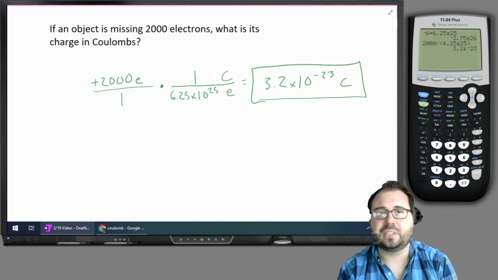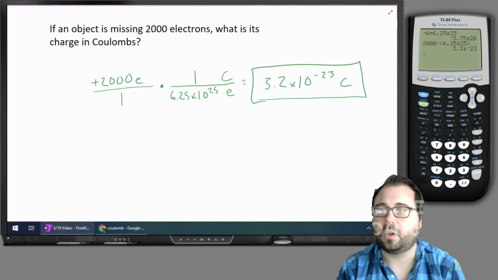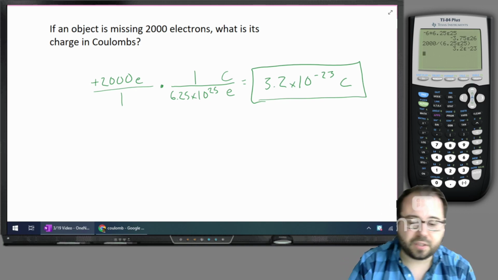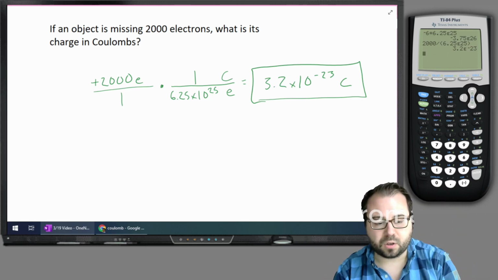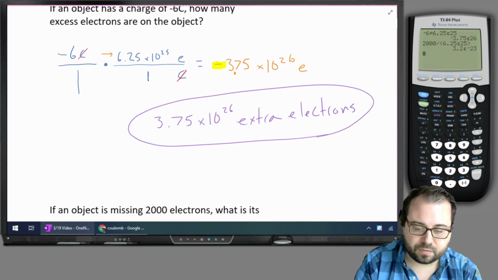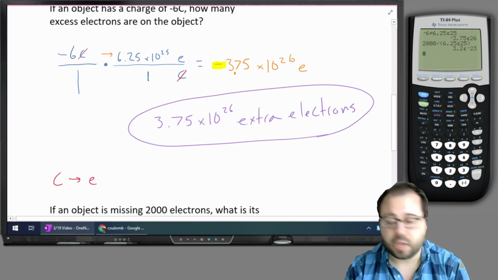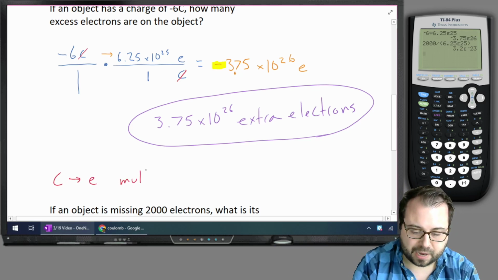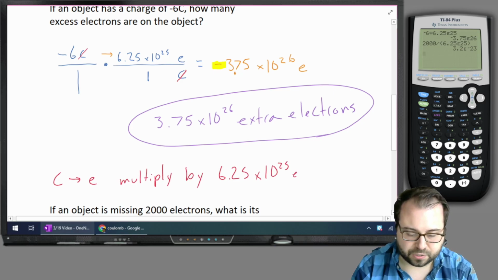So obviously this is going to be a little weird to you guys. These are some uncomfortably big and uncomfortably small numbers. But the thing to take out of this is this one quick rule. If you're converting from coulombs to elementary charges, you can simply multiply by 6.25 times 10 to the 25th elementary charges.